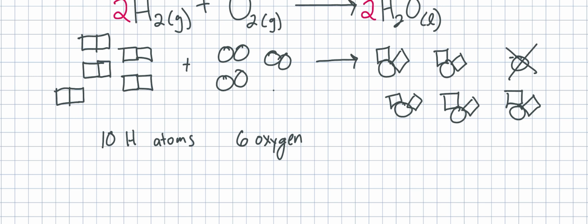Since I have extra of it, my oxygen is said to be in excess, meaning I have extra. And in this case, hydrogen is limiting.